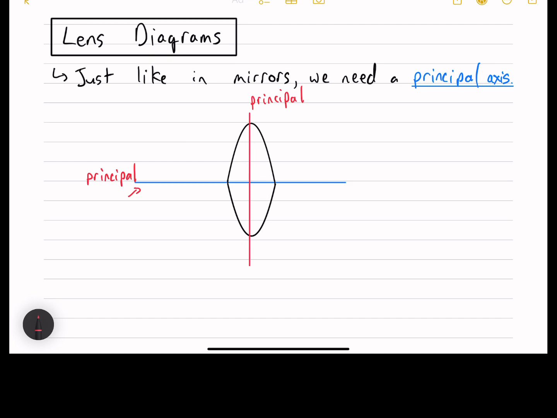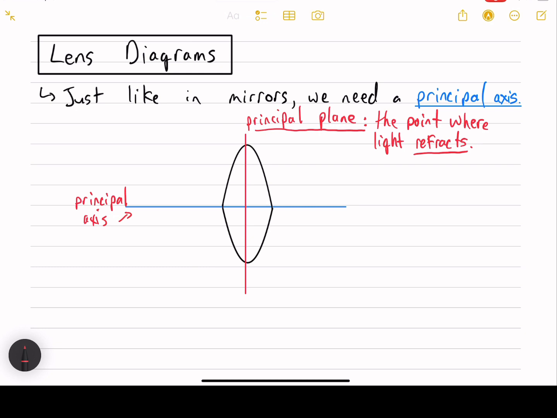The idea is that they would essentially be two, in this case, concave halves that have joined together to make a lens. And so you'd have a line through the horizontal half, that's the principal axis, and then a line through the vertical half, which is the principal plane.